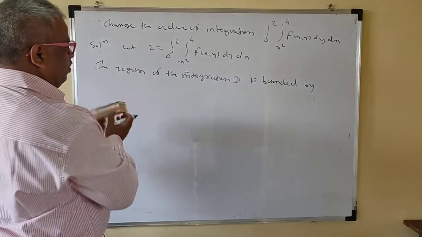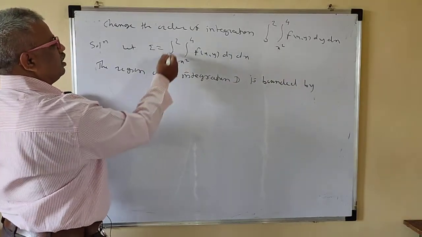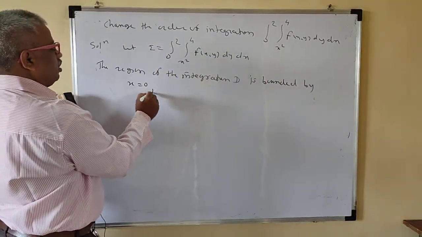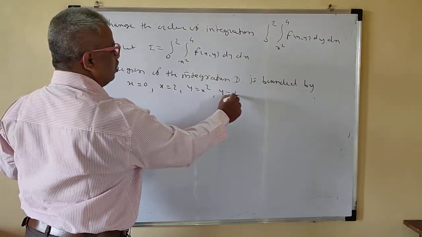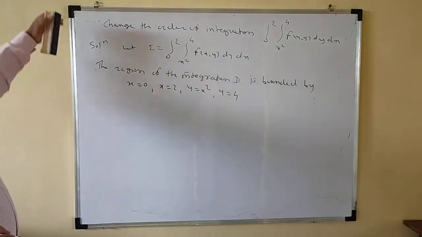These are the limits of y. And these are the limits of x, bounded by x is equal to 0 and x is equal to 2.